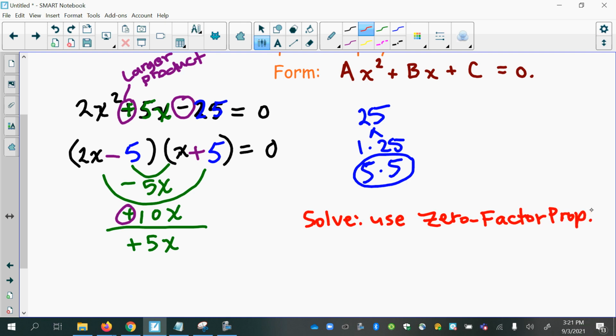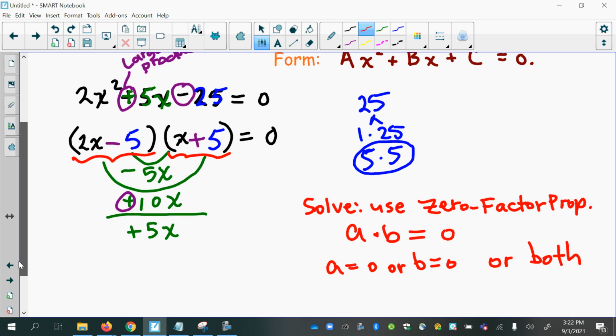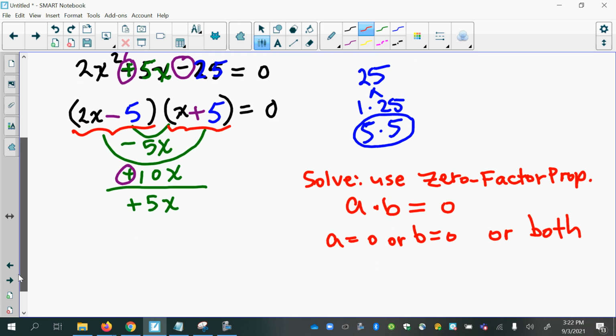I'll just say prop for short, which is basically saying that if you have two things that multiply together and give you a product of 0, then either A could be 0, B could be 0, or maybe both. Okay, so I can take each one of these quantities and set them each equal to 0 and solve for x, and then I'll have my two answers. So most quadratics will have two answers. If it's a perfect square, it'll have just one repeated answer.